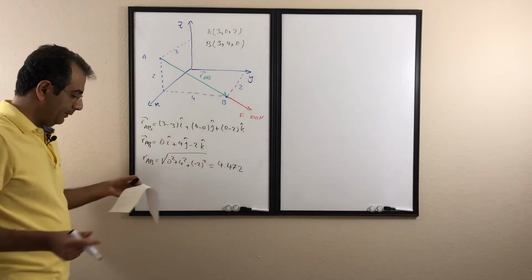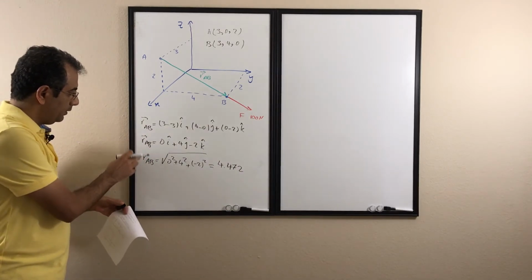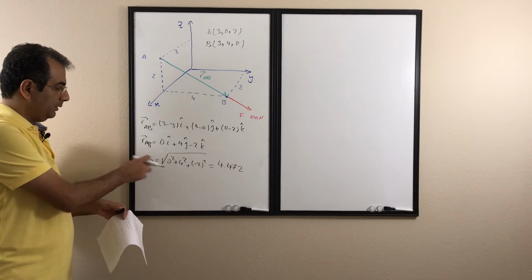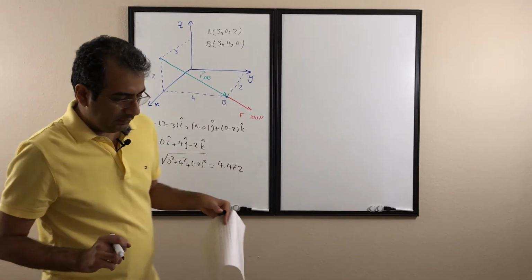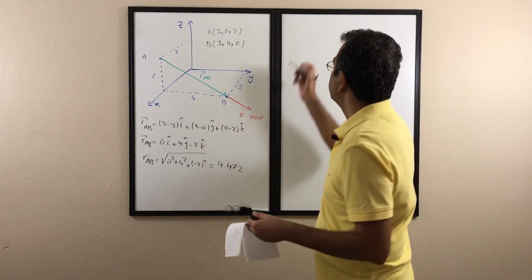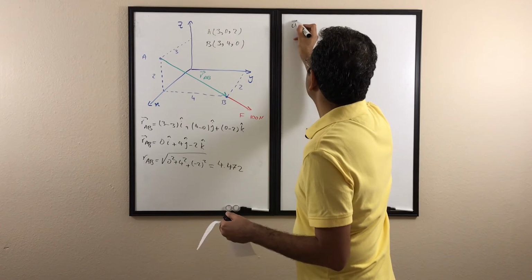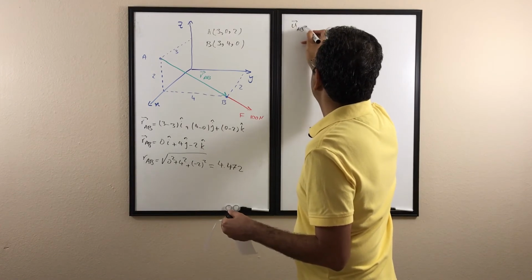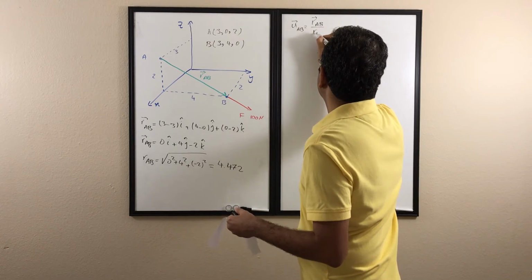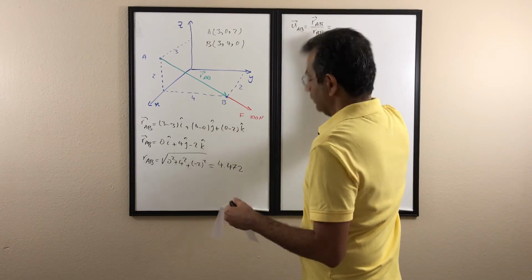So we have the position vector and its magnitude. The next thing that we need before we can calculate is the unit vector. So the unit vector for AB is R_AB divided by its magnitude.